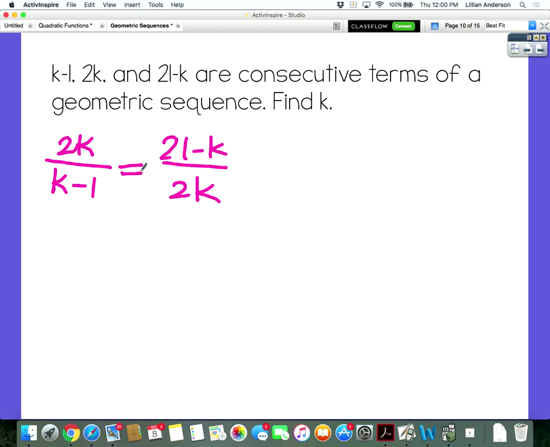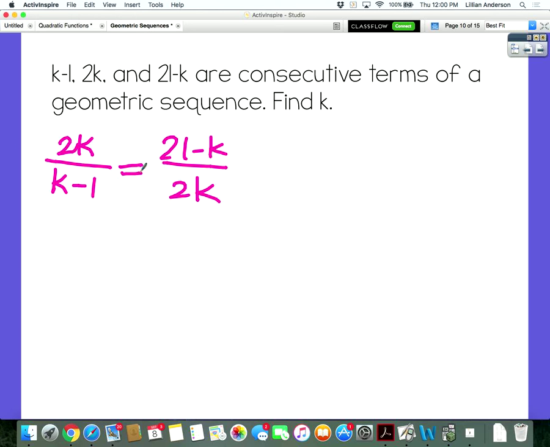If it tells you that they're consecutive terms, you have to do both of them still. Because basically you're creating an equation that's going to allow you to solve for k. When you did the ones for arithmetic, you should have done something similar, except instead of division, you would have had subtraction, but you still would have set them equal to each other. And so what you have here is a proportion.